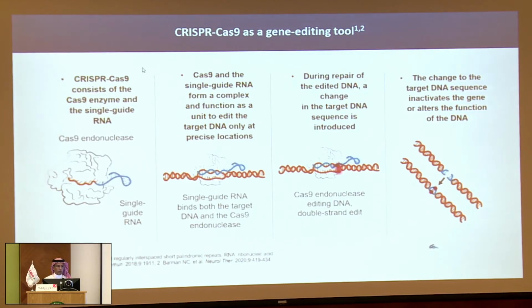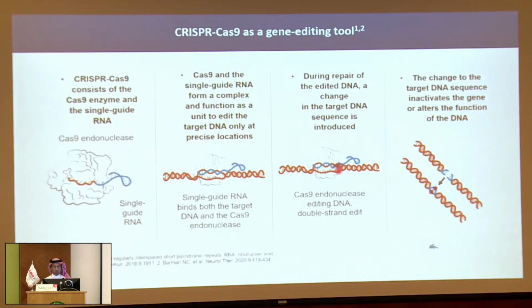The idea of CRISPR-Cas in clinical practice is that CRISPR-Cas consists of the Cas enzyme and a single guide RNA. Now, the Cas and single guide RNA form a complex and function as a unit to edit the DNA only when it reaches a specific location, because they have specific codons that come to that specific point.